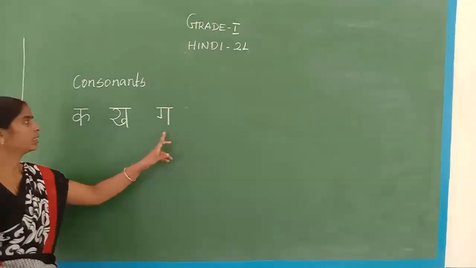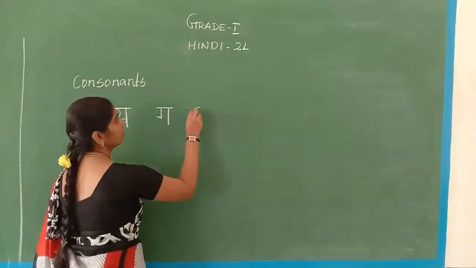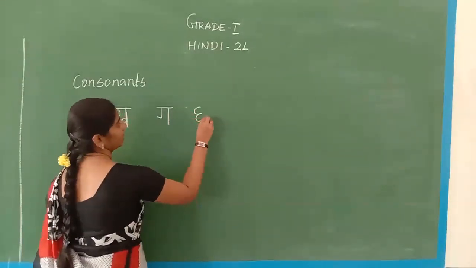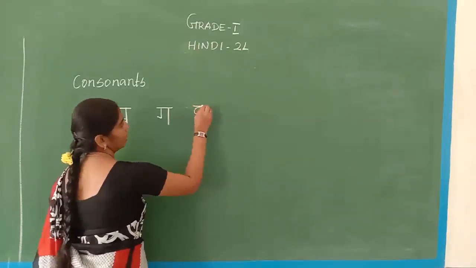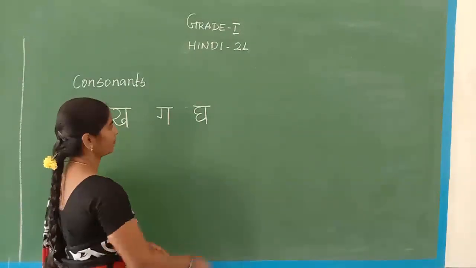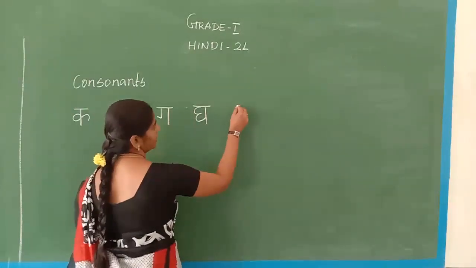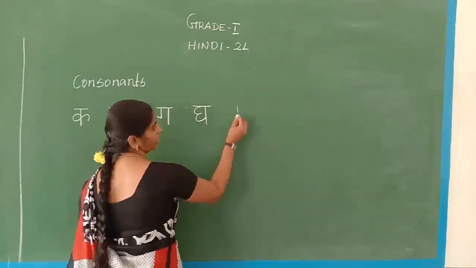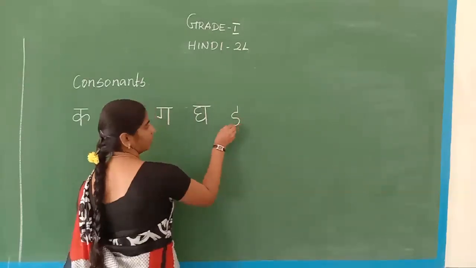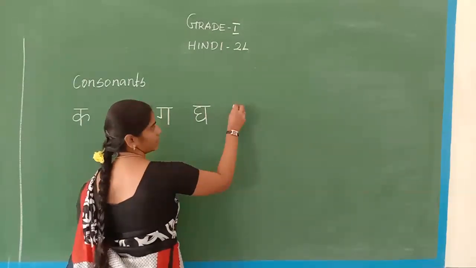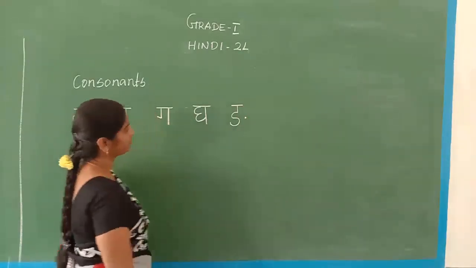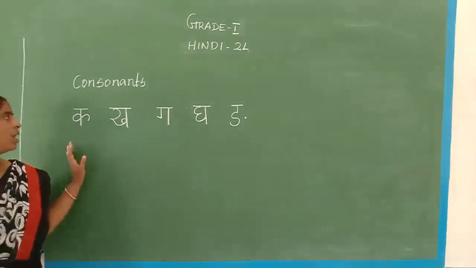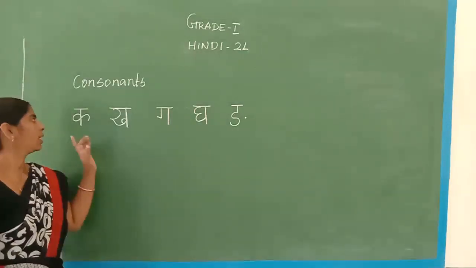K, G, and the fourth letter like this, and one line and top of the line. And the last letter is Na. Short line and like this S, and top of the line and dot. Clear, children? How to write this?